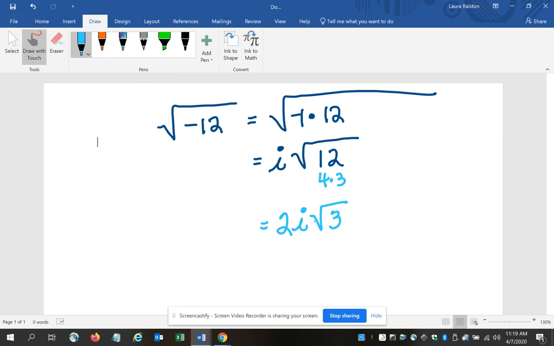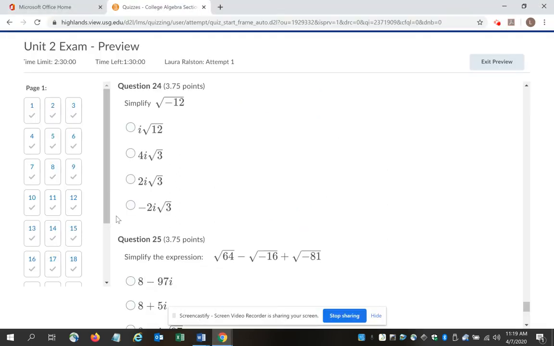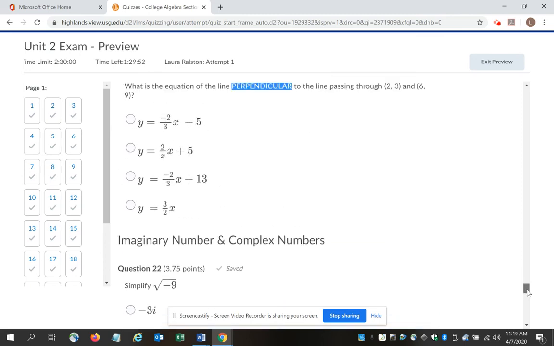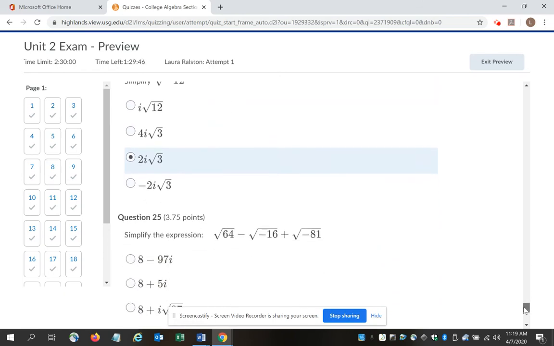So when you simplify square root of -12, you get 2i square root 3. Again, the i is there because you have a negative number.